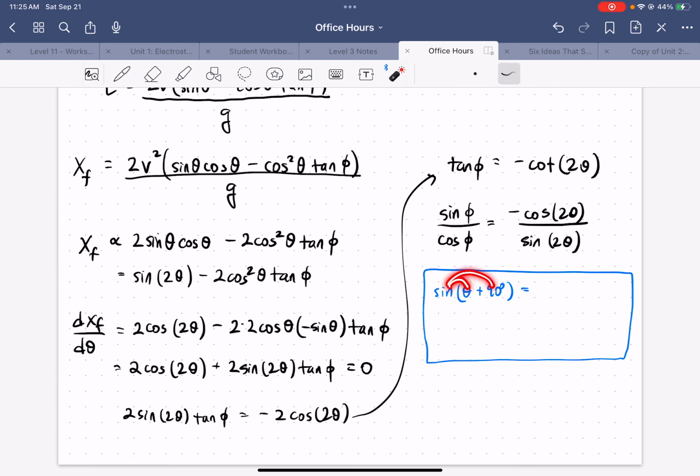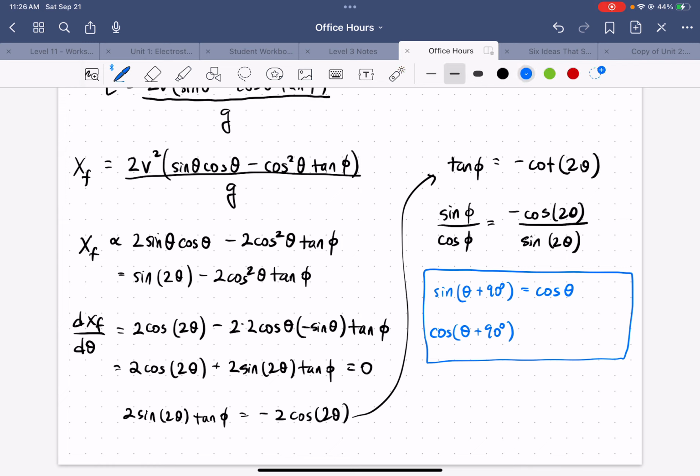So this is just equal to the cosine of theta. And then if I take the cosine of some angle plus 90 degrees, again by applying the summation rule, that would be cosine theta times the cosine of 90, which is 0, minus the sine of theta times the sine of 90. So this is equal to negative sine of theta.